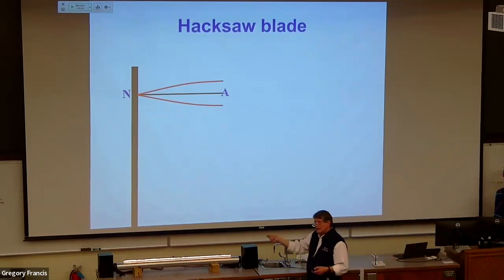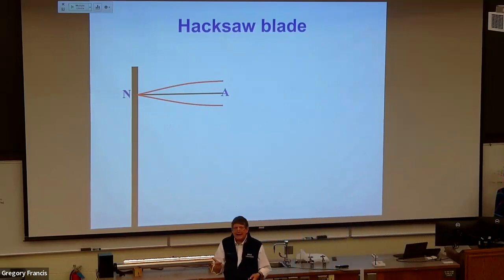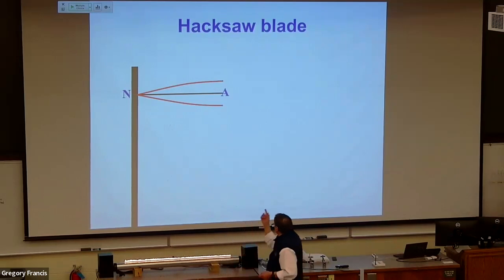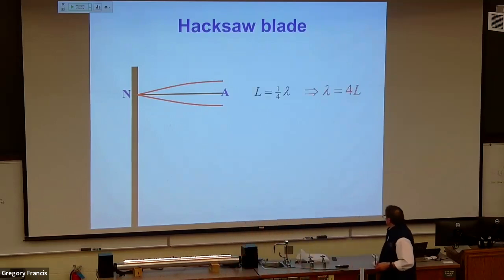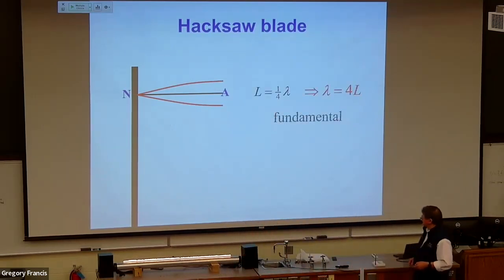Every time I go to the next allowed resonance, I got to add one whole football. So this one I would call the first harmonic or the fundamental. But the next allowed resonance, I still have a node at the post. I still have an antinode there. But now I have to add one whole football.